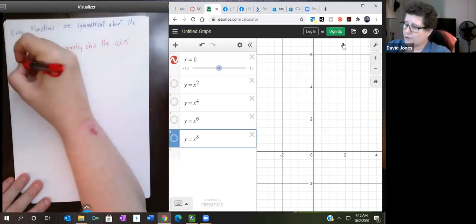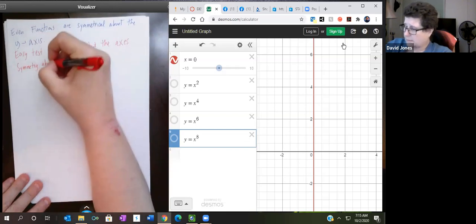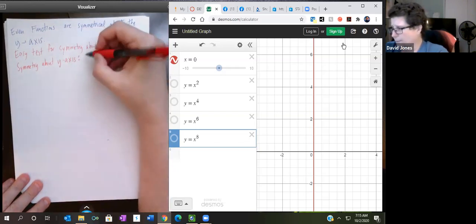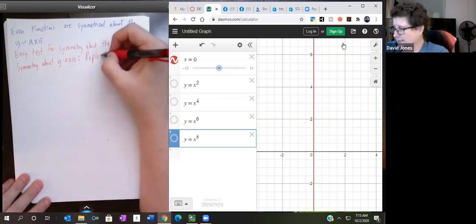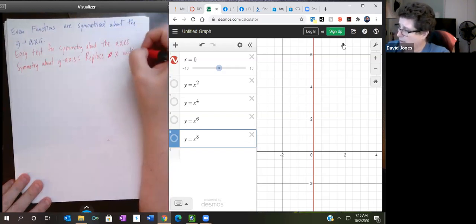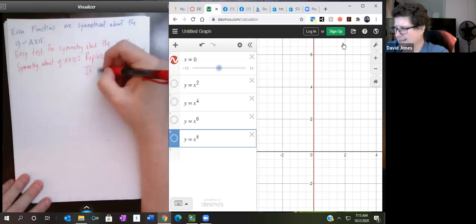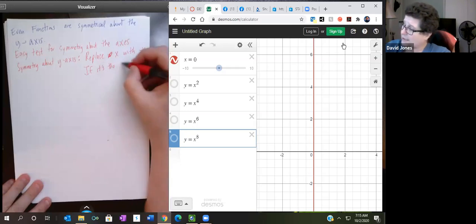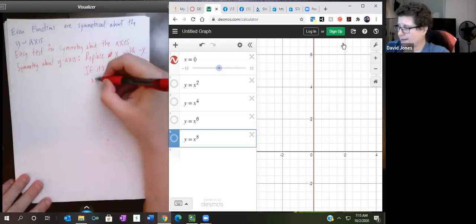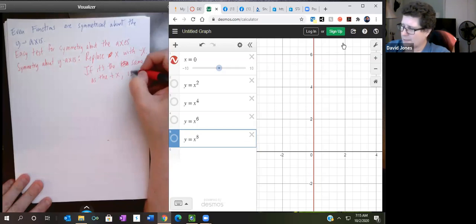If we're symmetrical about the y-axis, replace x with negative x. If it's the same as the positive x, it's symmetrical about y.